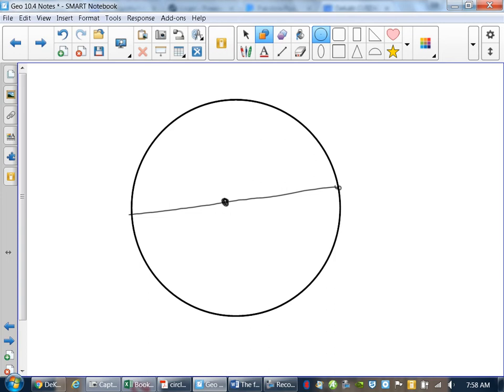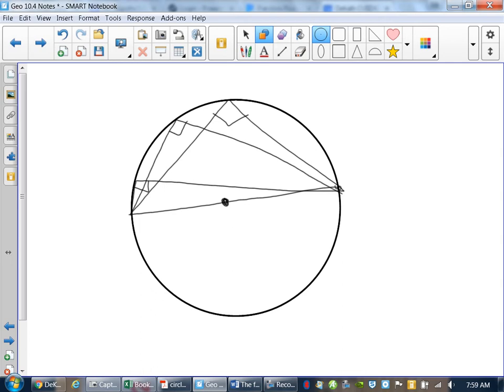Because what's the measure of the arc of a diameter? 180. So if I make an angle that intercepts a diameter, what does this always have to be? No matter where you put it, because it's intercepting a diameter. So no matter what, by rule, the measure of an angle always equals half the arc.